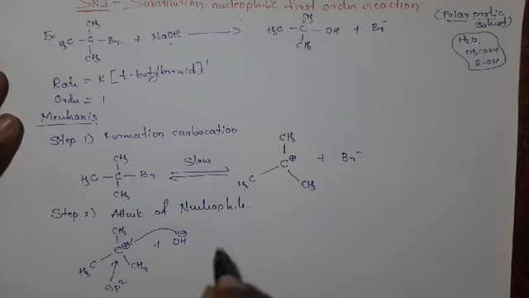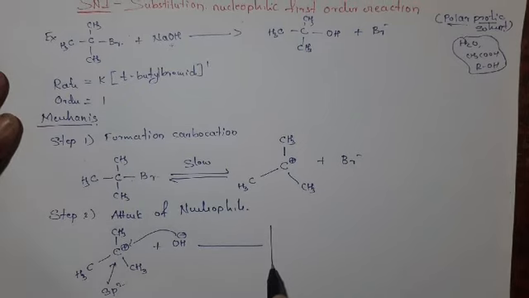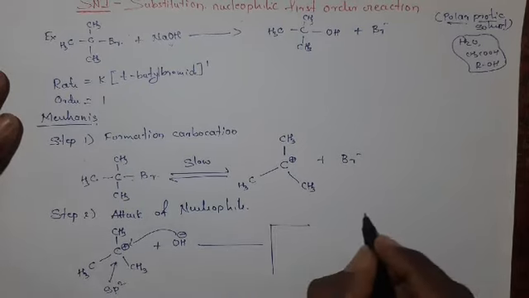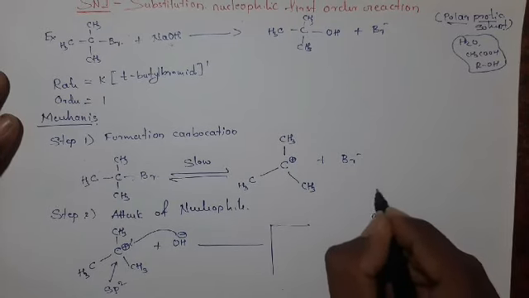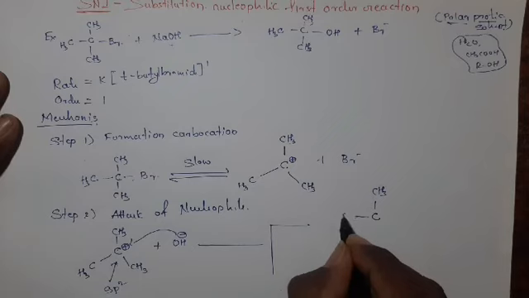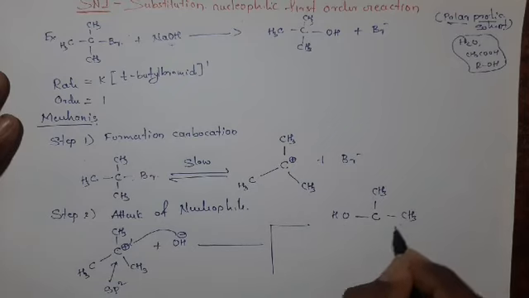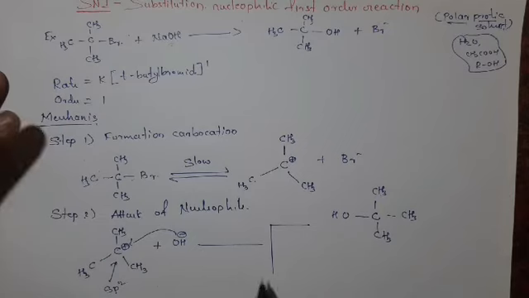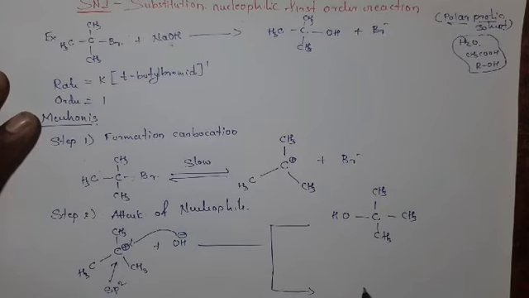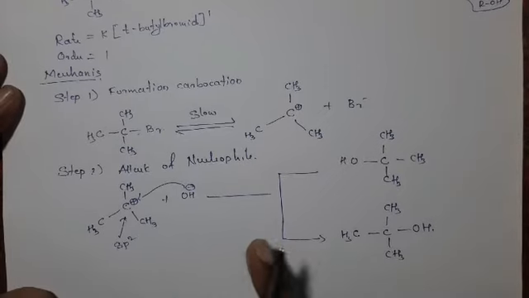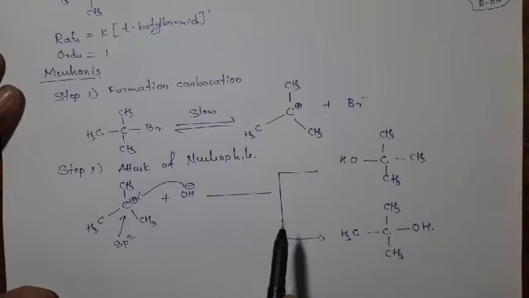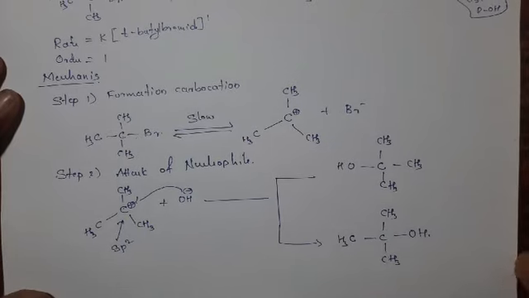It gives two products: CH3 C(OH) CH3 CH3 is one, and the other is CH3 C CH3 CH3 OH. These two products are formed in the SN1 reaction.